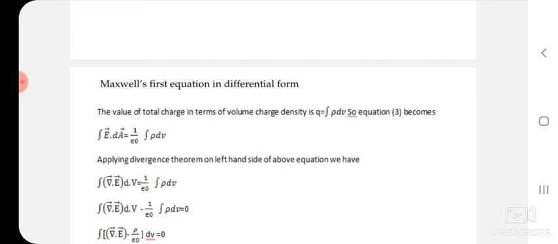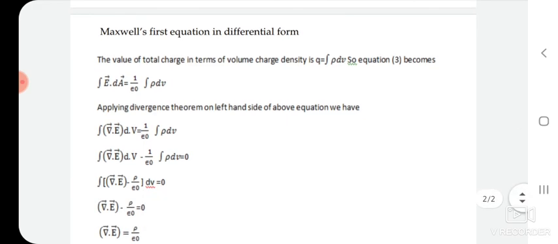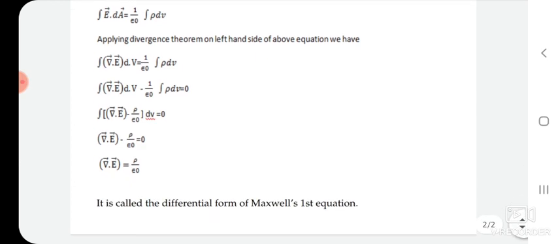That's why we convert the surface integral into a volume integral by using the Gauss divergence theorem. It gives the integral of del dot E dV minus 1 by epsilon naught rho dV is equal to 0. Now we can subtract these two: the volume integral of (del dot E minus rho by epsilon naught) dV is equal to 0. The inner bracket must be equal to 0, so that the total integral is 0. It gives del dot E minus rho by epsilon naught is equal to 0, or del dot E is equal to rho by epsilon naught.